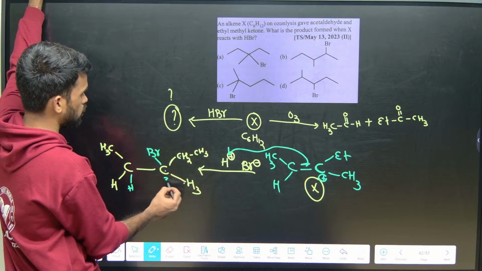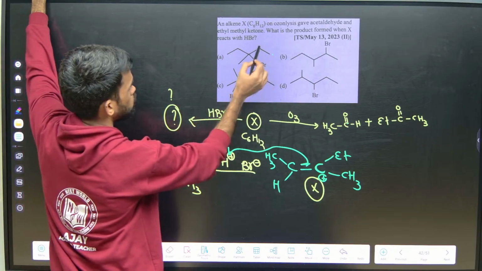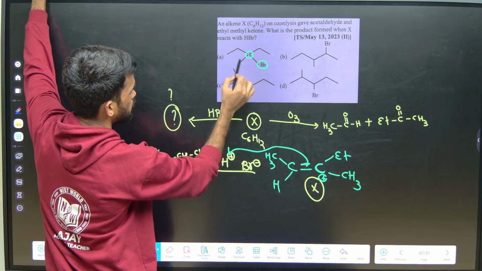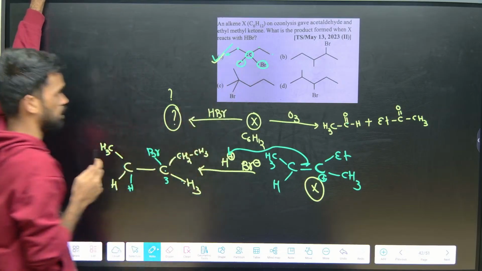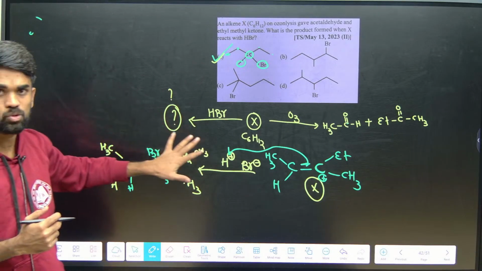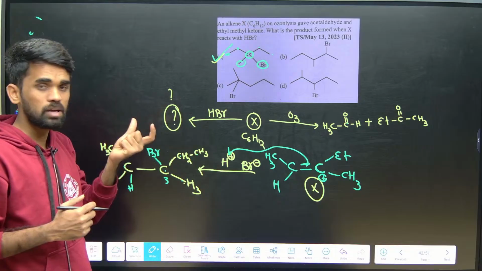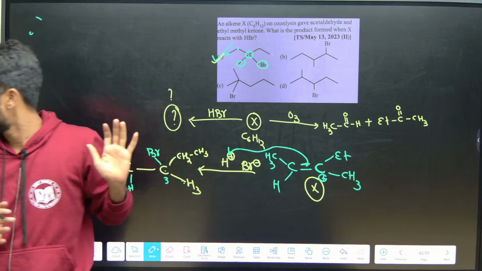At the third carbon you have bromine and methyl, 4, 5. Yes, your perfect option for this is option A. I hope you got complete clarity on this kind of question. They will give a chemical formula and ask us to identify the products formed like this.